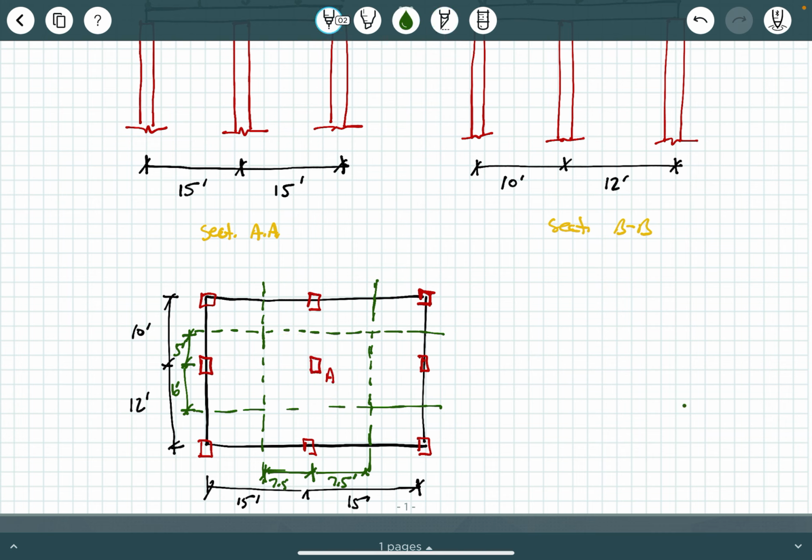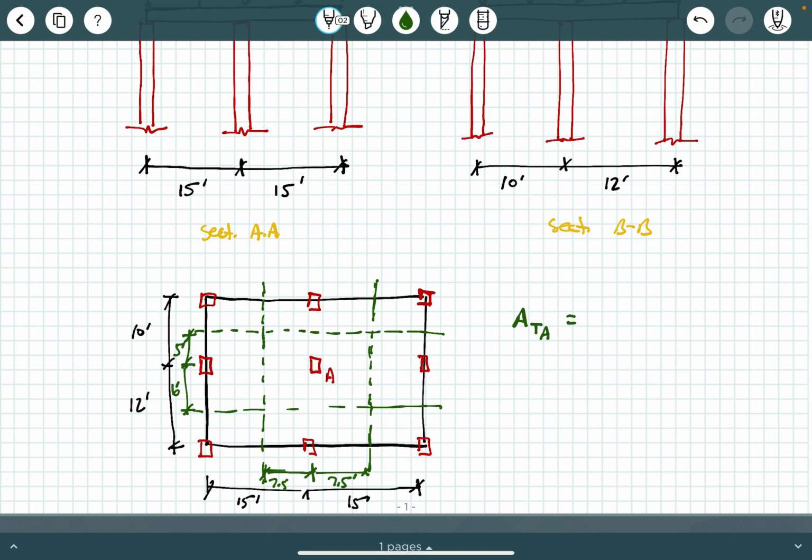So I'm going to say A tributary for column A is going to be, again, this rectangle. So what we're saying is all the load, the portion of the 100 PSF that is within this rectangle is going to be transmitted and supported by column A.